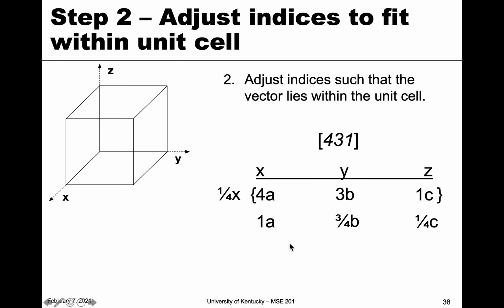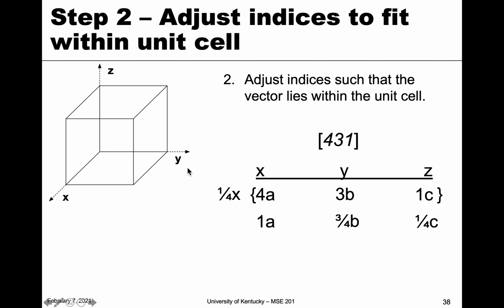So everything is going to be 1 or less, and so it's going to fit within the unit cell. We're doing this just so we can draw it nice and neatly within the unit cell. With these adjustments, we're changing the length of the direction, and because we know that the direction is infinite in length, this is more of a convenience to get it within the unit cell.